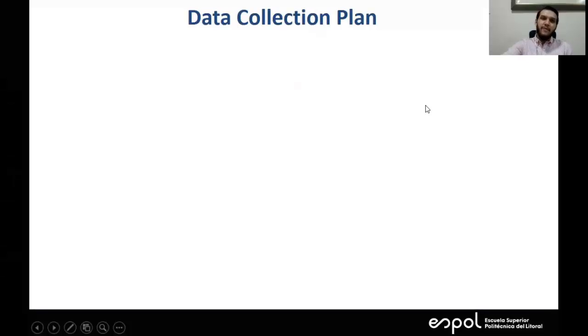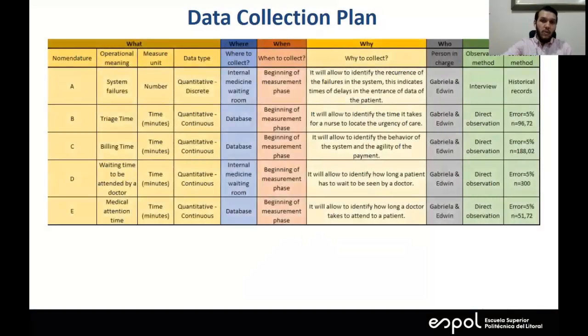To collect the necessary information for the model, a data collection plan was carried out, specified with the 5W plus H: what, where, when, why, who, and how this data collection is going to be carried out. Here we have 5 variables that will be analyzed, the data times taken to go through the different stages of the internal medical care process.